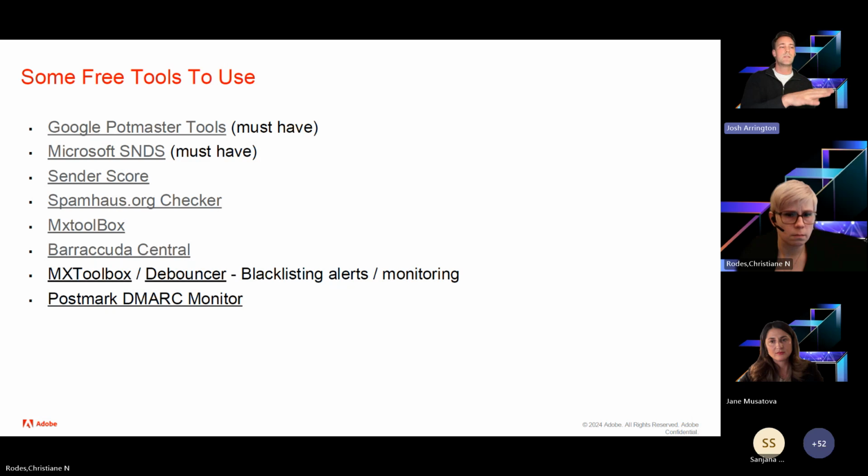Postmark, and there's some other services that do this as well, but Postmark is free on a weekly basis, I believe. It just receives all of those and compiles them and sends you an email each week with what has happened. So it's a great service for that.